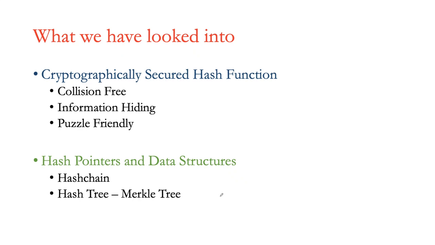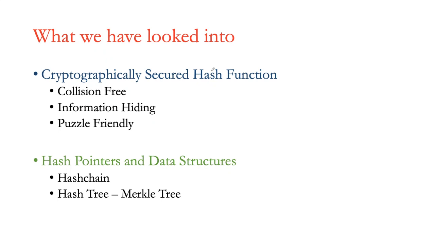As we saw in the previous lecture, we learned about the secure hash function and have seen its basic properties: that it is collision free, which means two different inputs should not generate the same digest, and information hiding, which means instead of sending the original message, the digest can be sent to the receiver. The receiver can use the same algorithm to generate the digest from the same input.